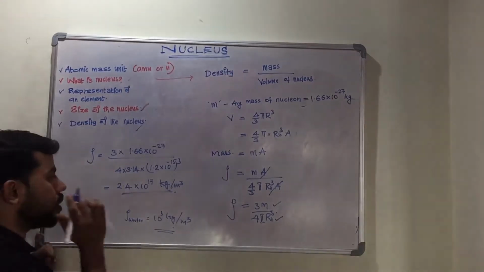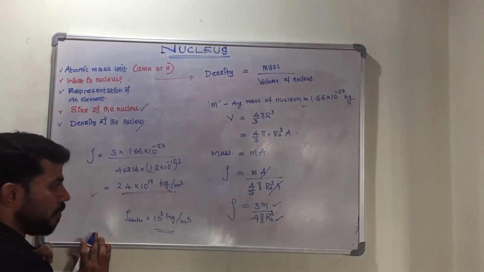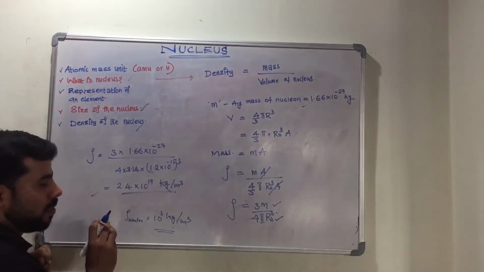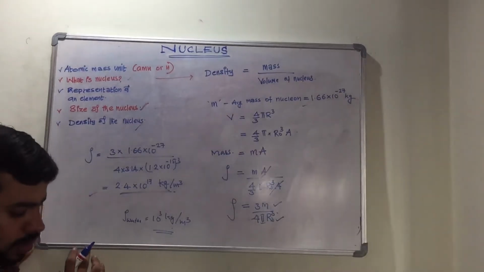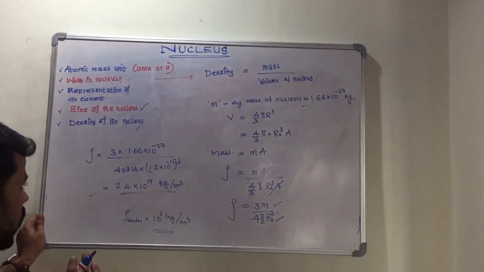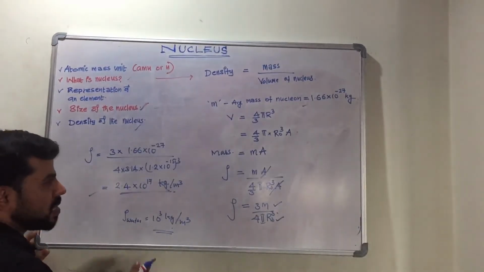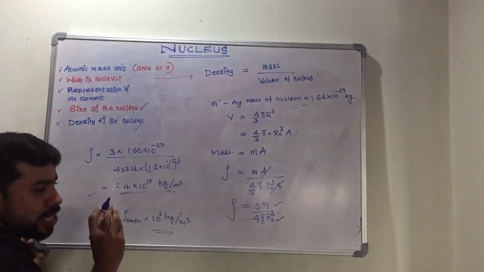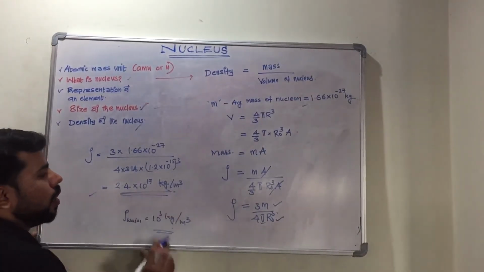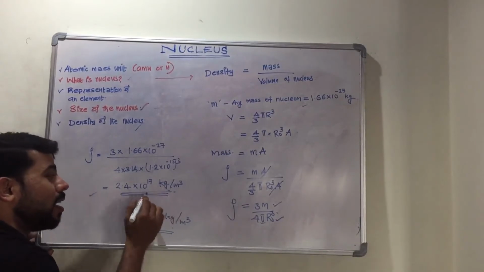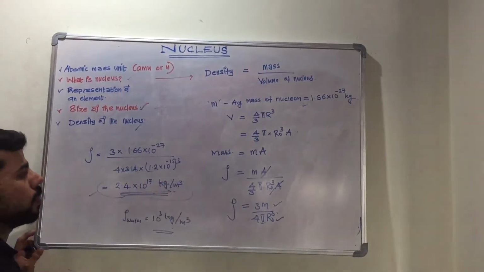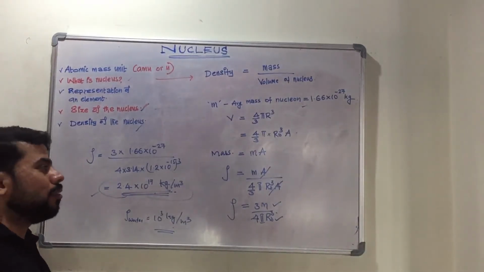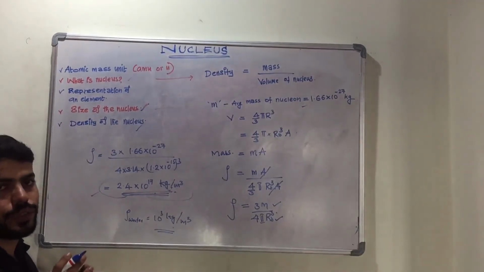Compared to ordinary matter, the density of the nucleus is huge, which implies that the nucleus is highly compact. That means a large number of protons and neutrons occupy a very small space, and this is the largest density even in the universe. So ρ is equal to 2.4 into 10 raised to 17 kilogram per meter cube. This high density indicates the compactness of the nucleus.